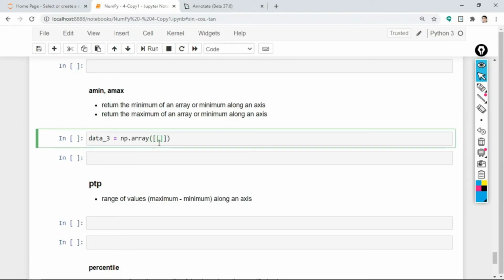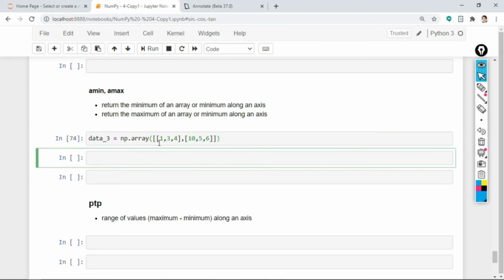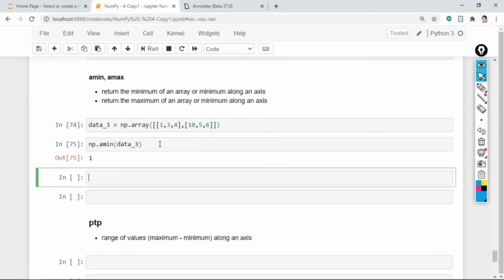Again, I'm using this double bracket so I can directly create a multi-dimensional array: 10, 5, and 6. For example, we have np.amin of data 3. It means that the lowest minimum value we can find is 1.